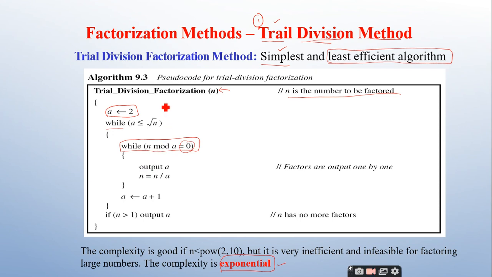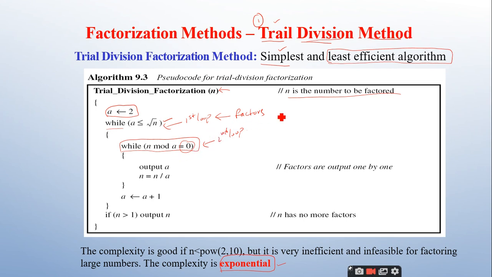Here you can observe that there are two loops. This is the first while loop, and this is the second loop. The first loop is used to identify the factors. A factor is nothing but a number where, when you divide by it, the remainder is 0.